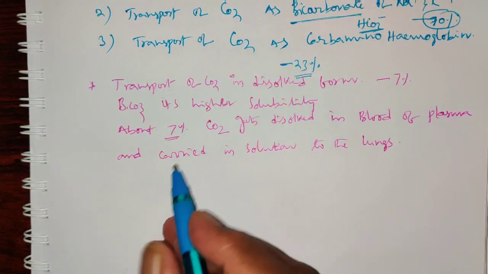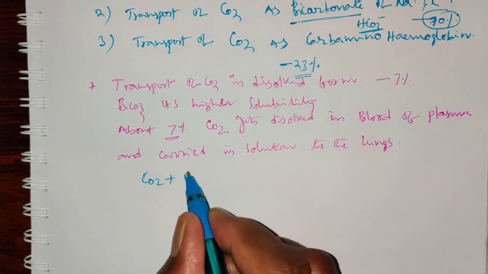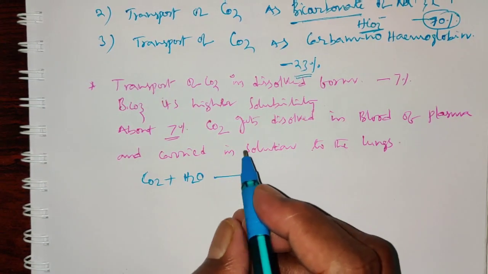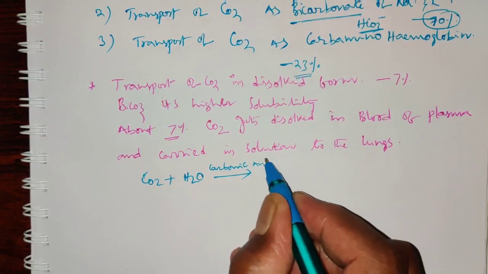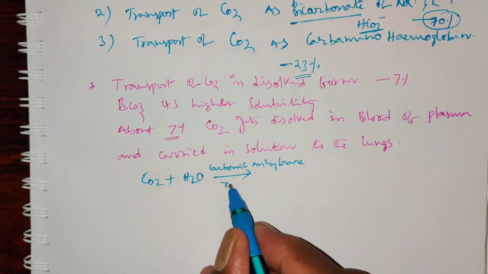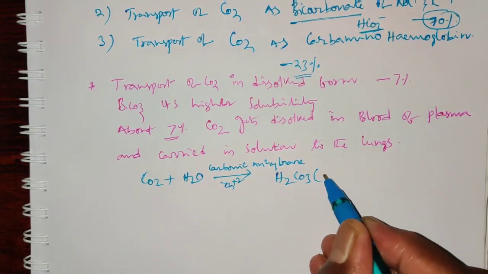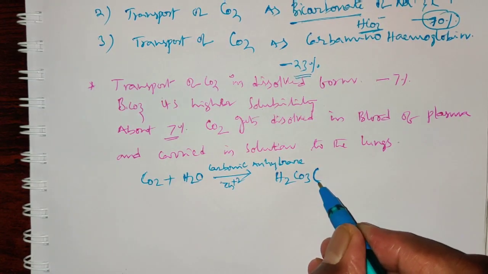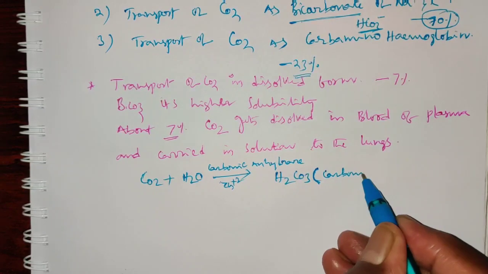That means carbon dioxide plus water gives rise to H2CO3 in the presence of carbonic anhydrase, an enzyme which requires zinc. H2CO3 is called carbonic acid.